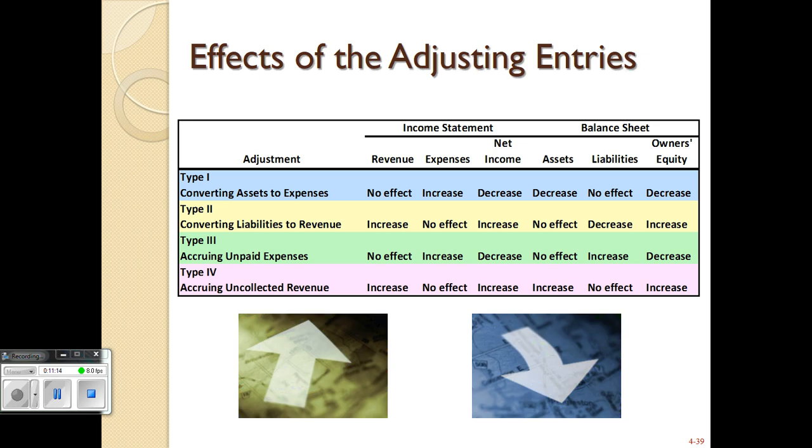This just summarizes what's going on with my adjusting entries when I make them, depending upon the 4 types of adjusting entries. And my key point here is to note that every item impacts both the income statement as well as the balance sheet.